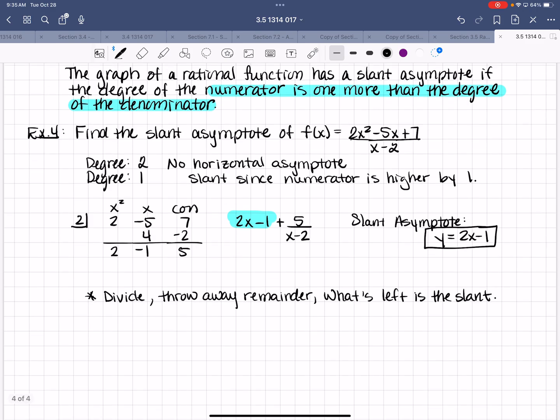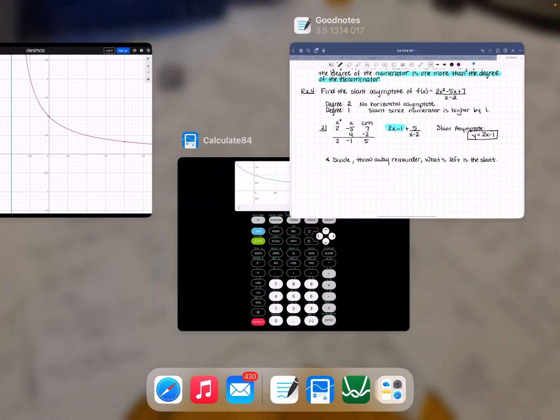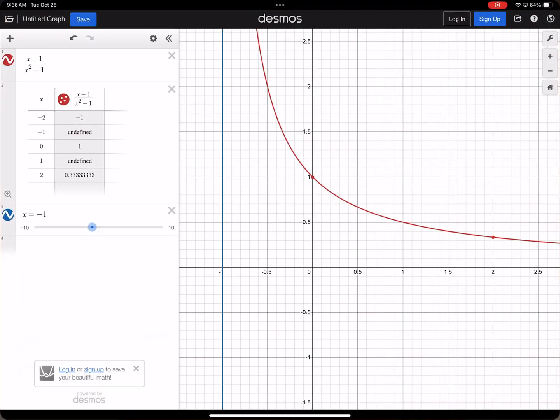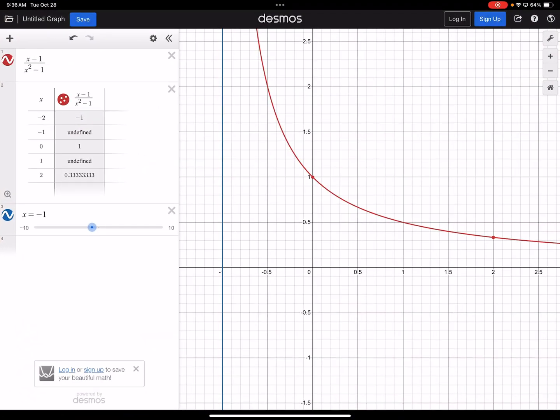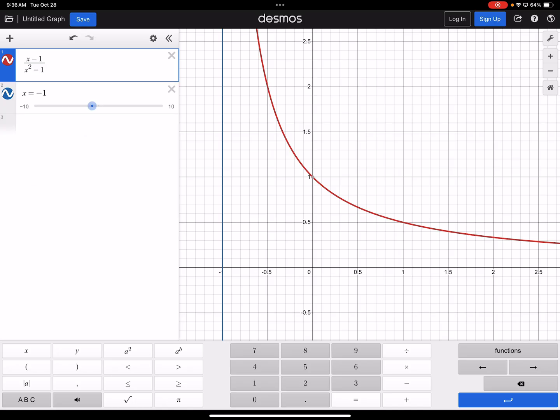I can show you this if we graph it. I'll also graph the 2x minus 1 in there, and you'll be able to see how the function doesn't cross that. So if I go over to, let's put it in Desmos, it was, yuck, let's see, I'm going to take away that.